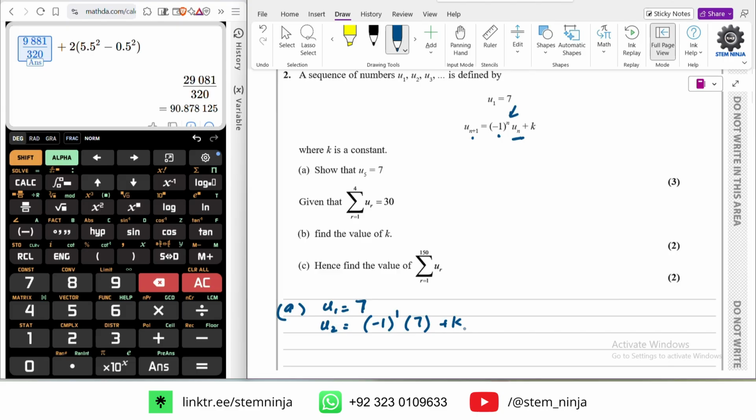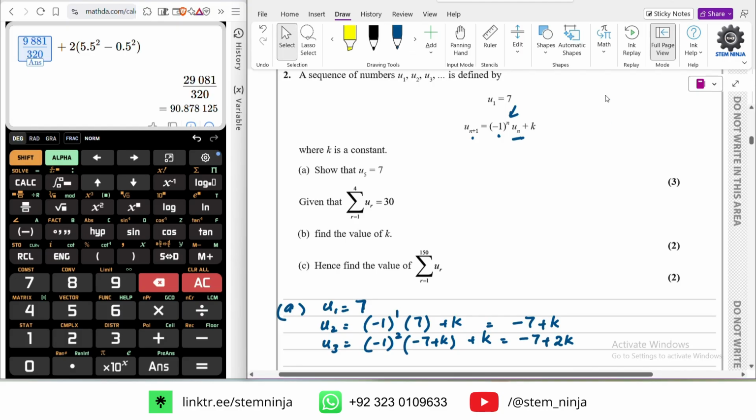Plus k, this would be minus 7 plus k. u3 would be minus 1 squared. Un is minus 7 plus k. Plus k, so this is minus 1 whole squared, which is just 1. So minus 7 plus k plus k is minus 7 plus 2k.